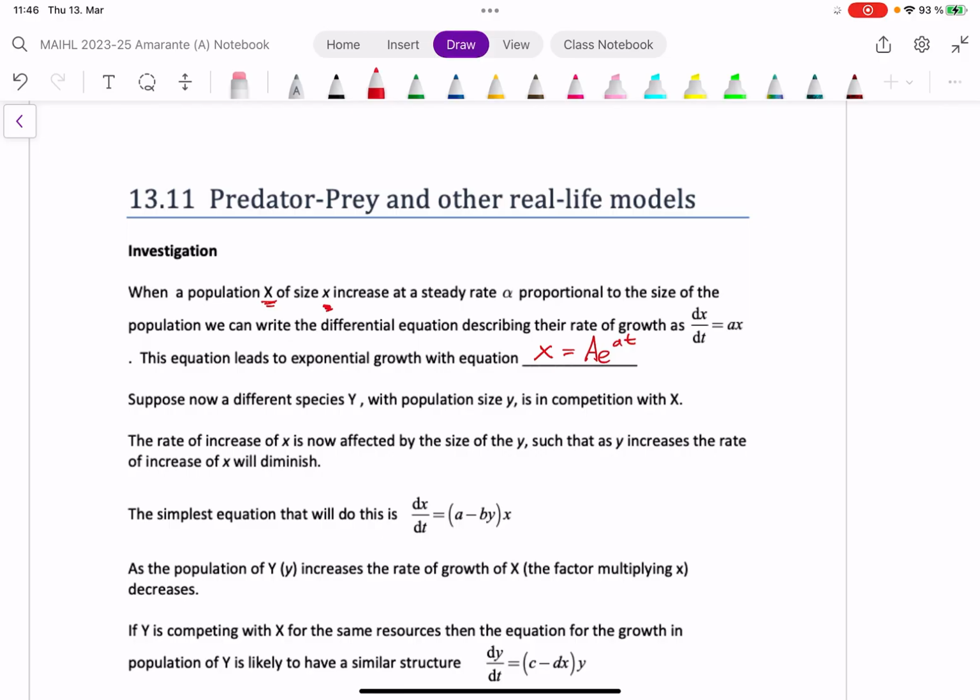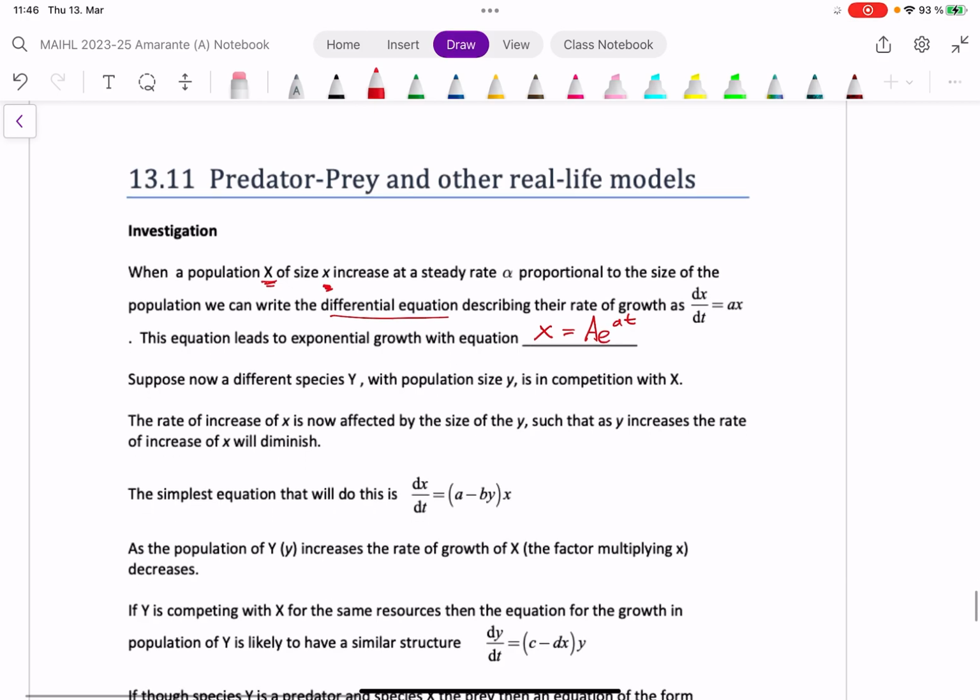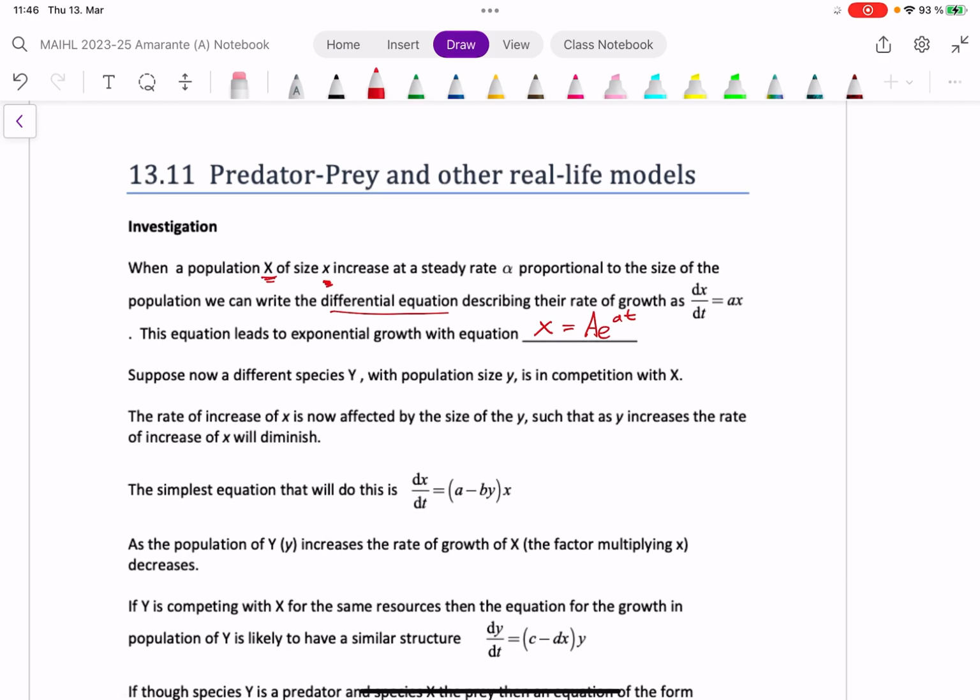Basically we can take this differential equation and turn it into this exponential growth, and we got to build up to why this matters in a minute.